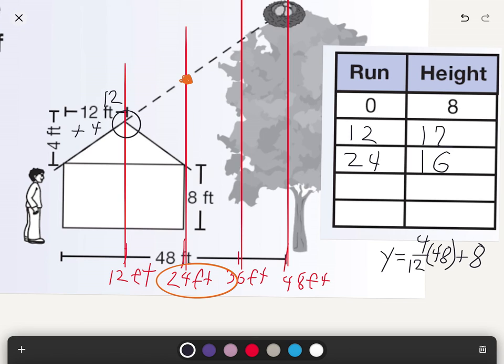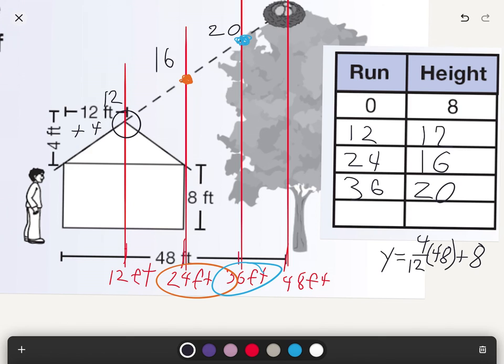So we'll be at a height of 16 feet. And then going forward to our 36 feet, we go up, you guessed it, another 4 feet. So up here we're at 20 feet.